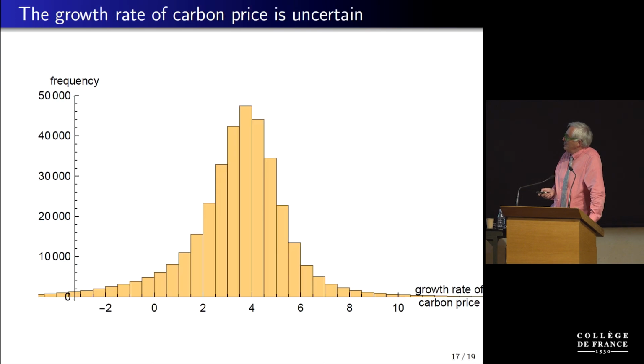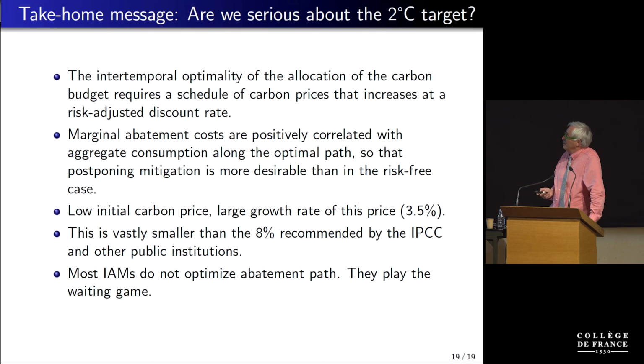So let me finish with this conclusion. If I go back to the IPCC fifth report, where on average models recommend having a small carbon price today and a growth rate around 8% per year, I tell myself the IPCC also plays the waiting game.